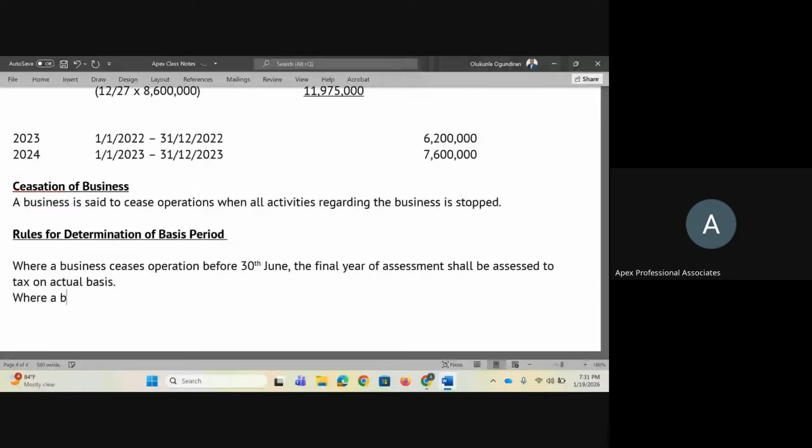Where a business ceases after 30th June, the final year of assessment shall be assessed to tax on preceding year basis.